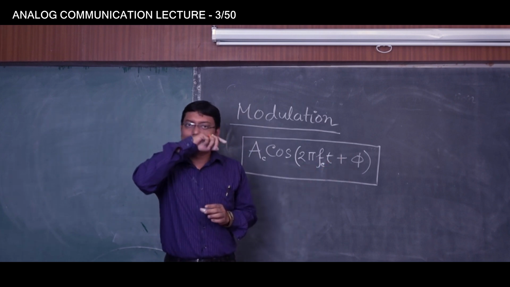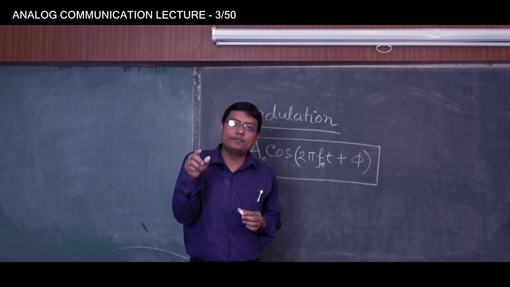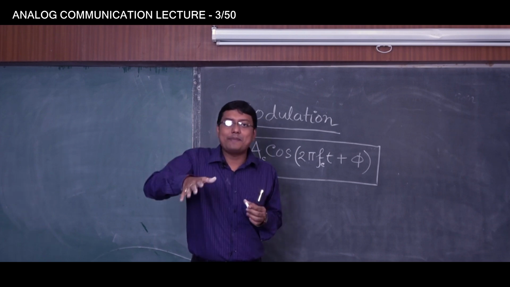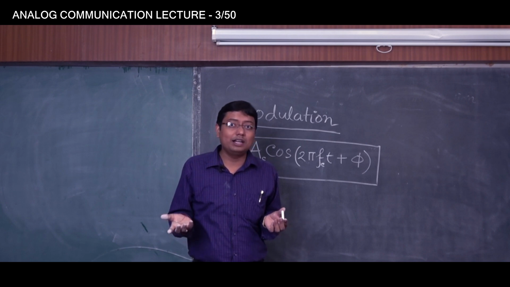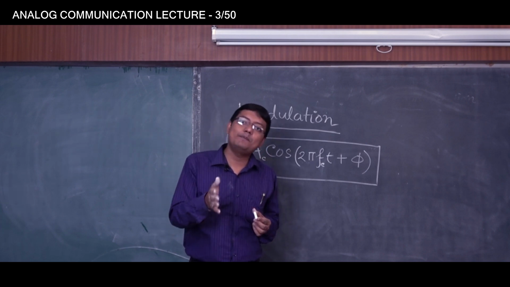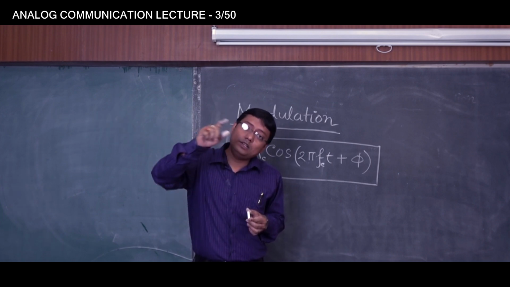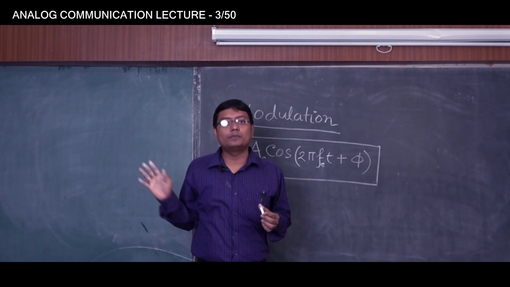I have defined that in modulation we are going to vary what? Any parameter: it may be frequency, it may be phase, or it may be amplitude of the carrier according to the instantaneous change of the baseband.